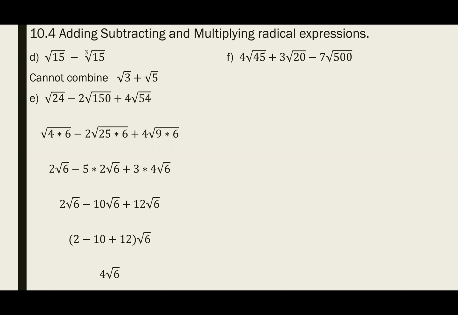And attack the 20 first, right? Looking at the 20, do you agree that 20 is equal to 4 times 5? And why do I say 4 times 5? Because 4 is a perfect square.